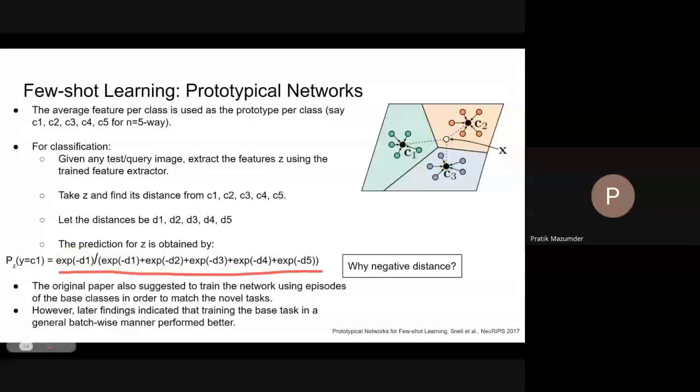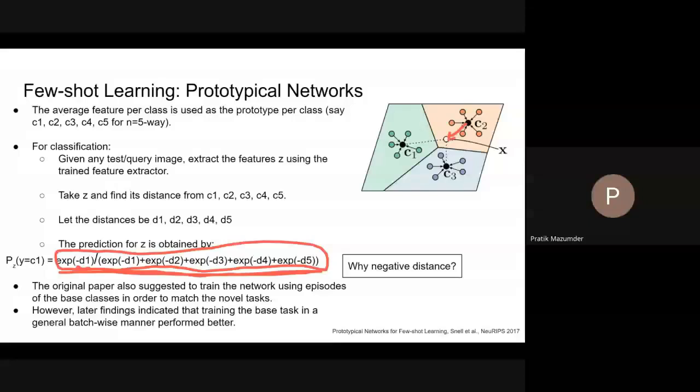If you take a set of distances and place it in this particular equation, the class for which the distance is the lowest will give you the highest value from this equation. And we are calling it the probability for that given class. So the class which has the highest probability is indirectly the class which has the lowest distance from the given Z, or this given feature of your query image.